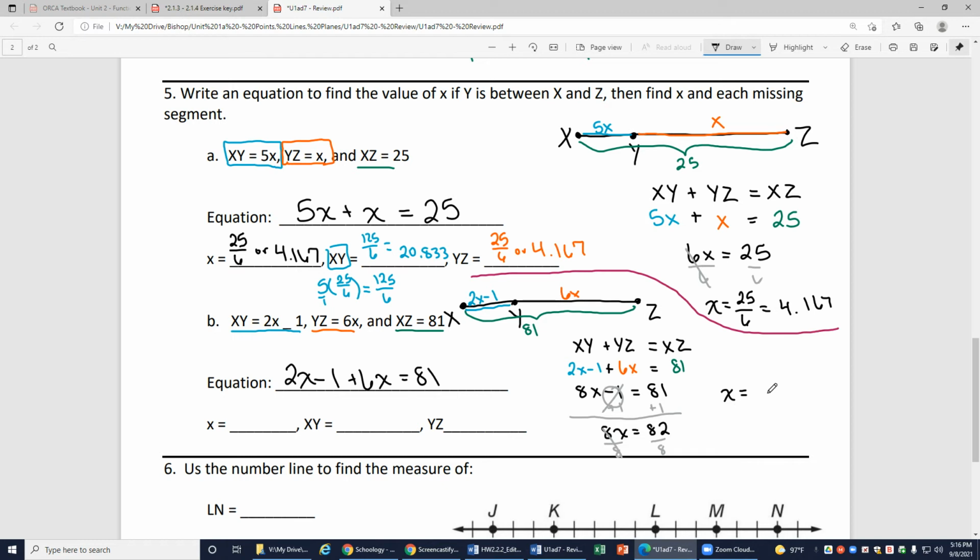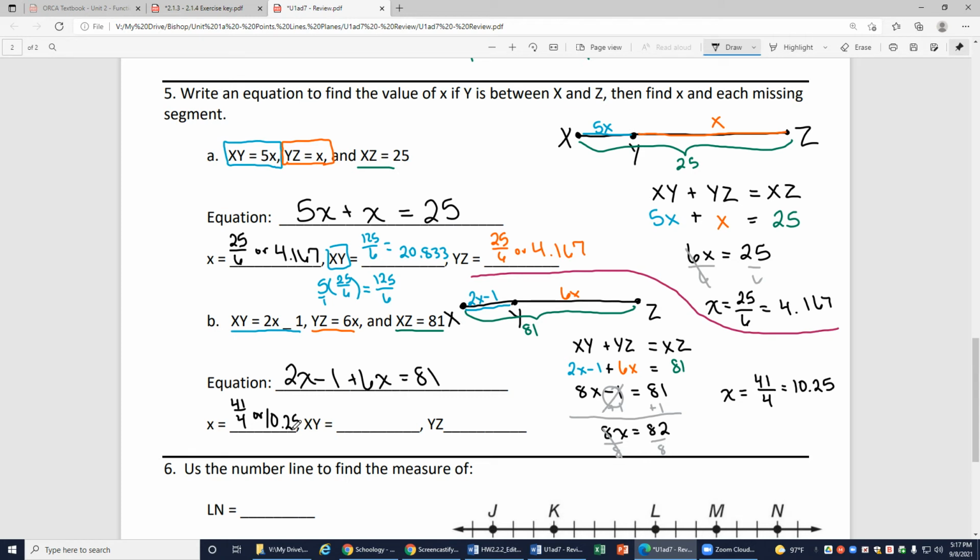If I were to leave this as a fraction, it would be 41 over 4, or 82 divided by 8 is 10.25 as a decimal. So both of these are correct for x. So 41 over 4 or 10.25. Oh, I don't know why I'm putting it way up high like it's a fraction. 10.25.